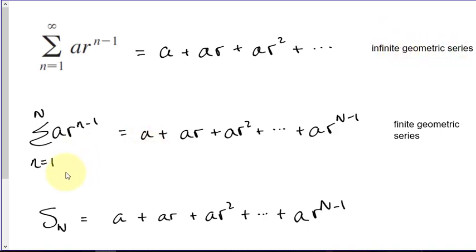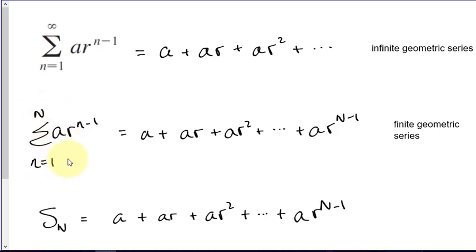What I have written below it is an expression for a finite geometric series, and of course being finite it ends, and this one has n terms. It starts with little n equal 1 and goes to capital N, so that means n terms.